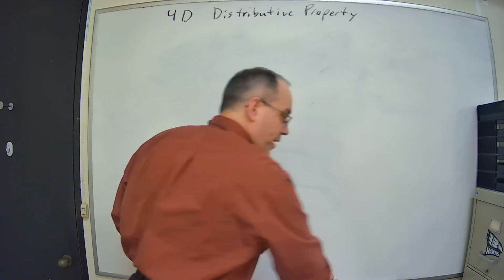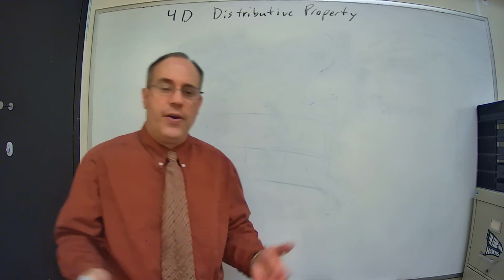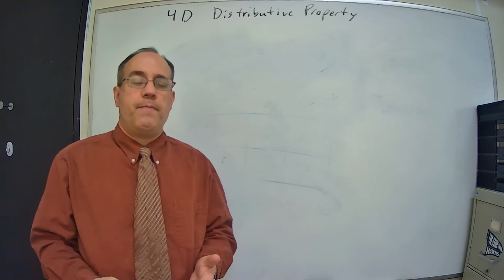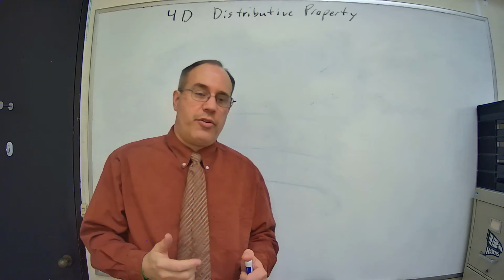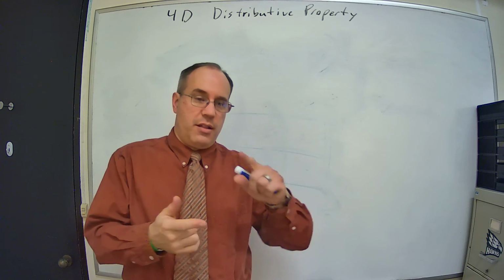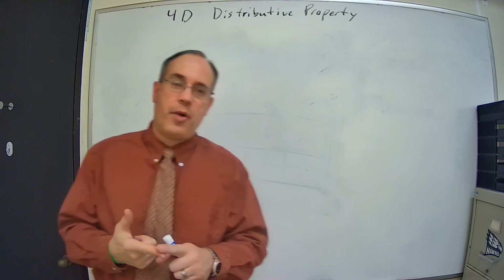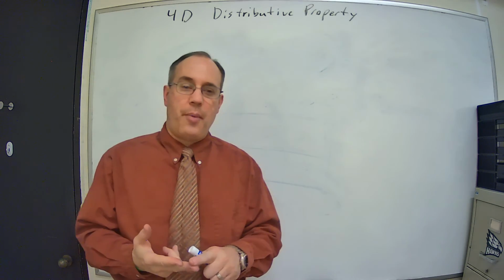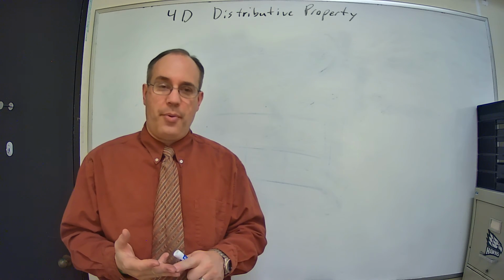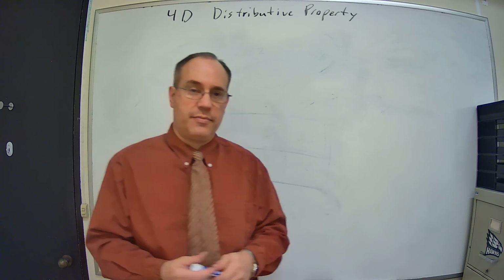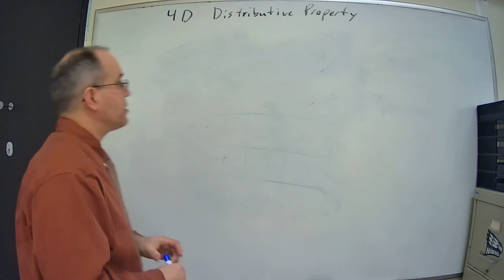So let's do one final thing here and say, okay, can we determine whether we are seeing the commutative property, the associative property, or the distributive property? Can we recognize which one's in use?